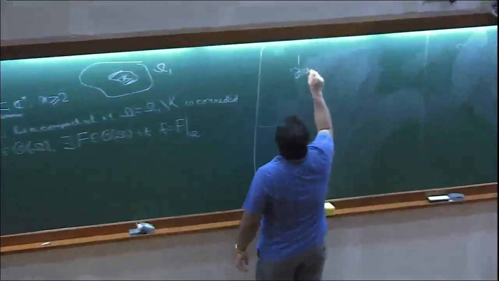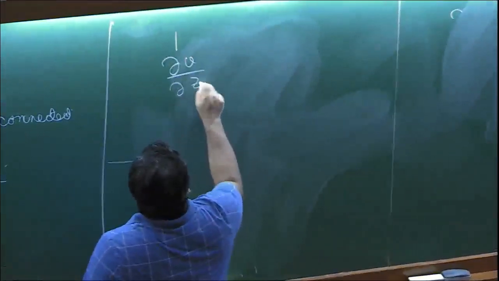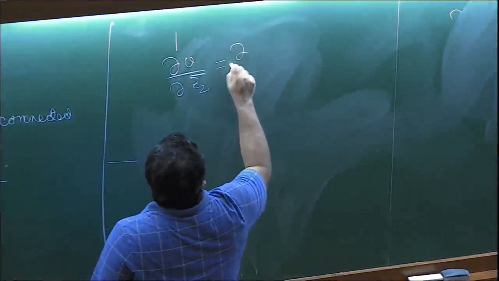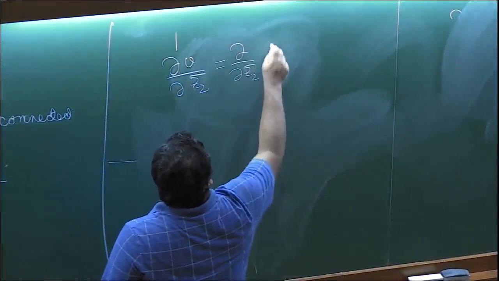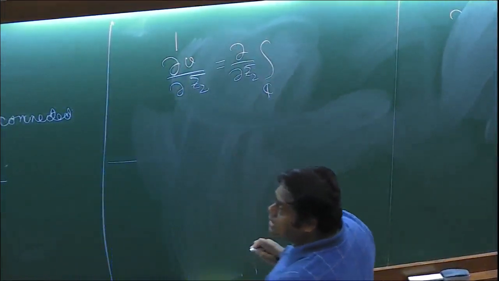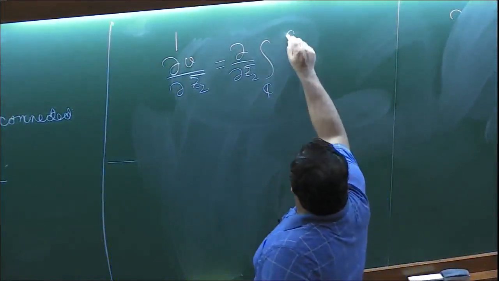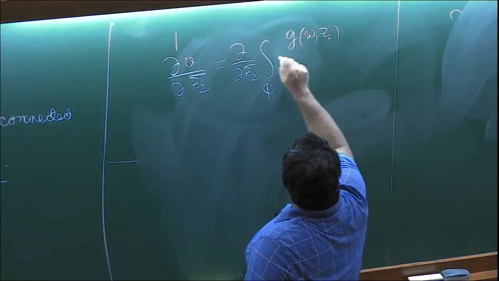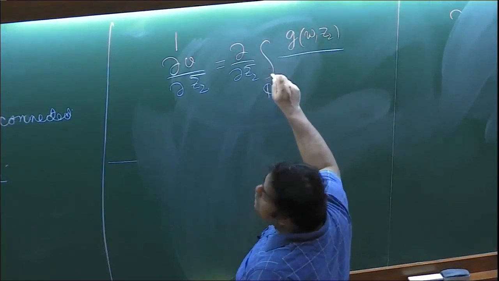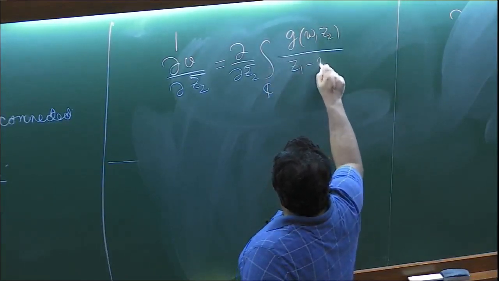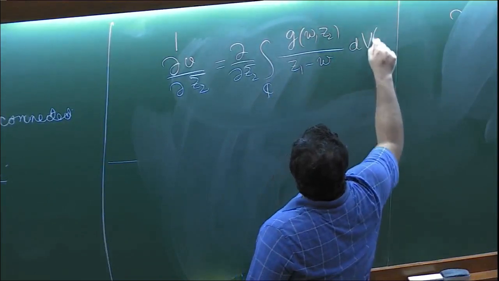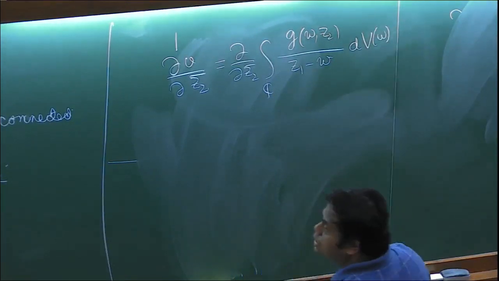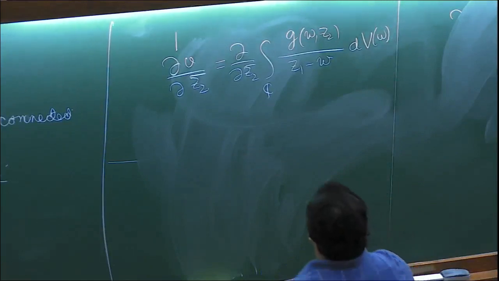So let's look at dv over dz2 bar. That is d over dz2 bar of 1 over pi integral over C of g1 of w, z2 divided by z1 minus w dv w.